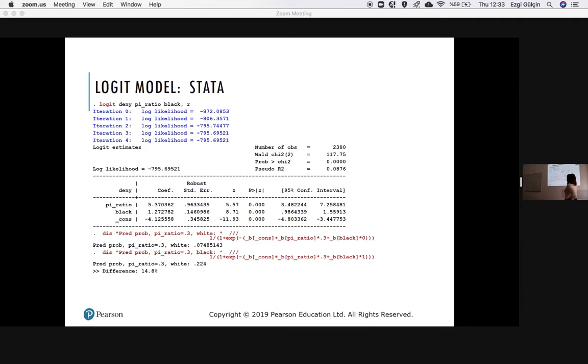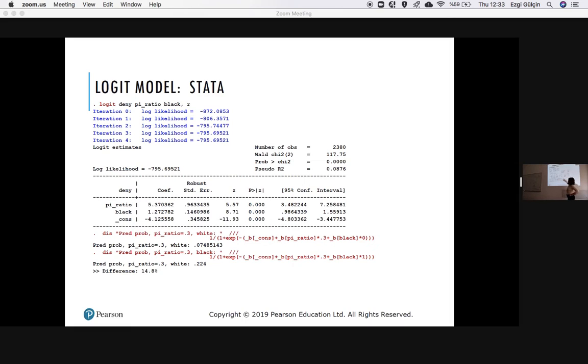And again, for the case in which we introduce another variable, black, we just compute the predicted value of the probability by using the exponential function here.